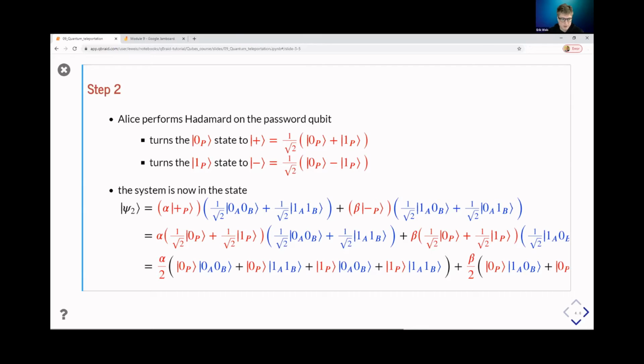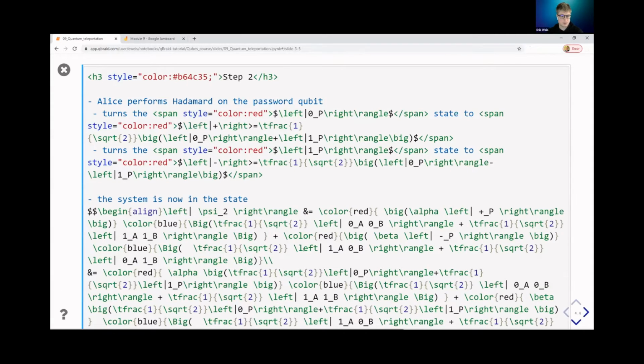So we have 0 password qubit times 0, 0 for both Bell qubits. I could have 0 times the 1, 1. I could have 1 times the 0, 0, and 1 times the 1, 1. And that's 4 terms just for the first term of this equation. These equations are a nightmare.